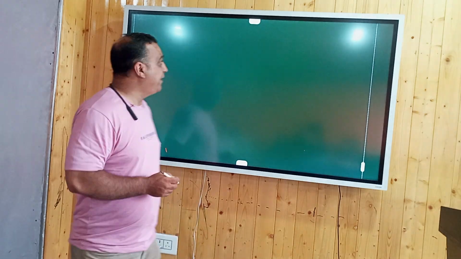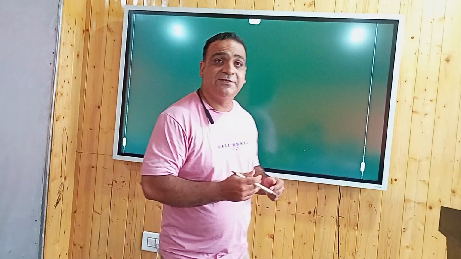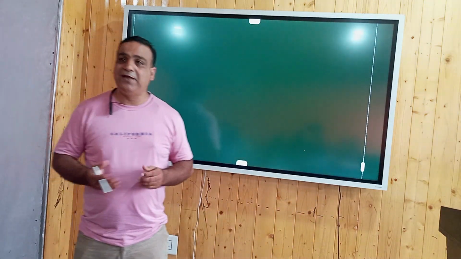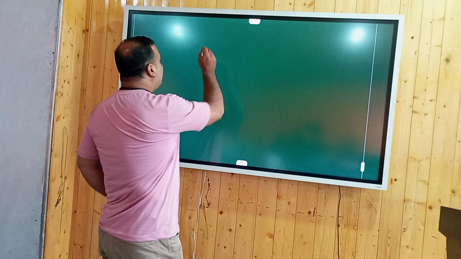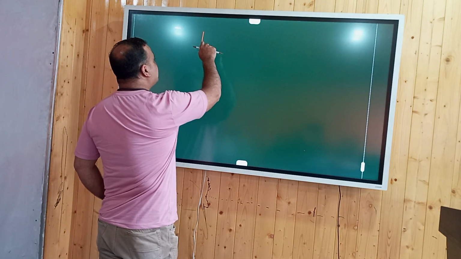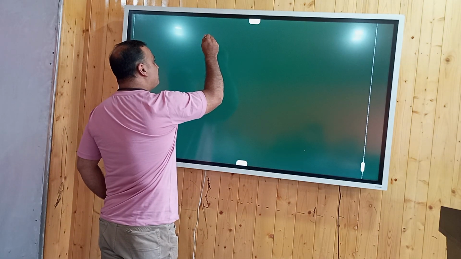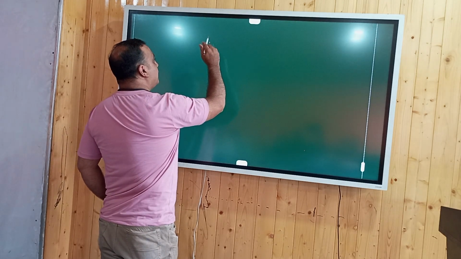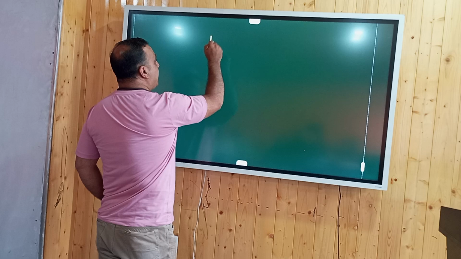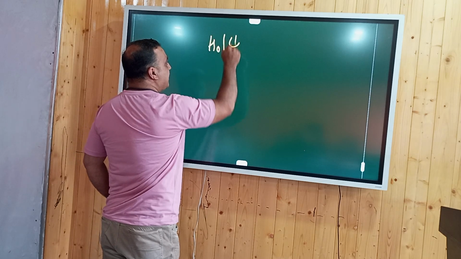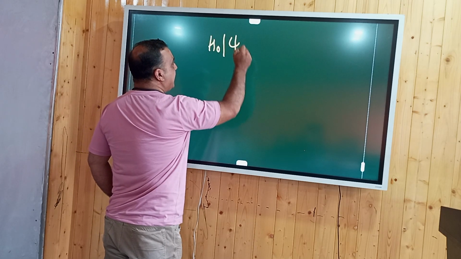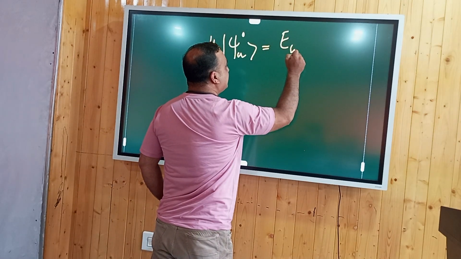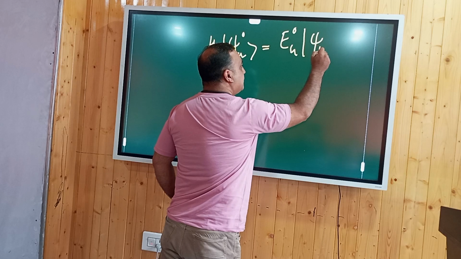equations. Let me write down the first equation that we obtained, which was the eigenvalue equation for the unperturbed Hamiltonian. If I rightly remember, it was H naught psi n naught equals E n naught psi n naught.